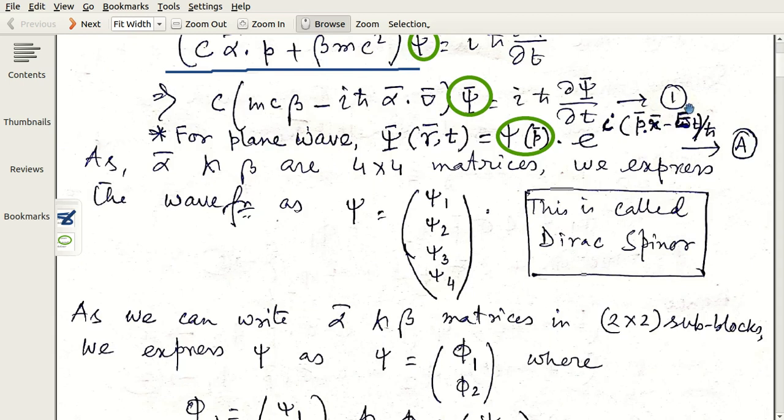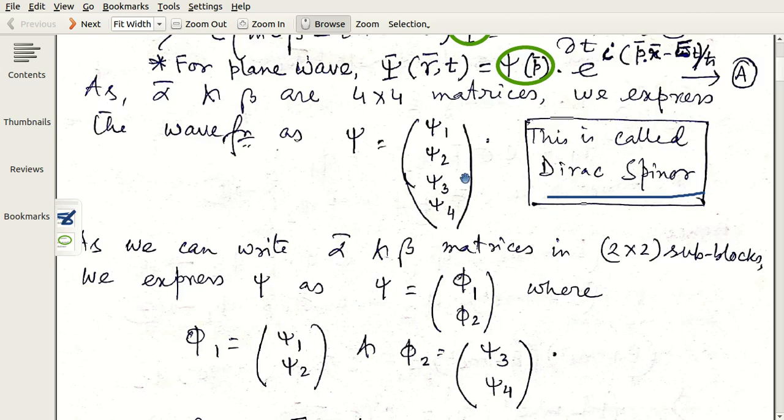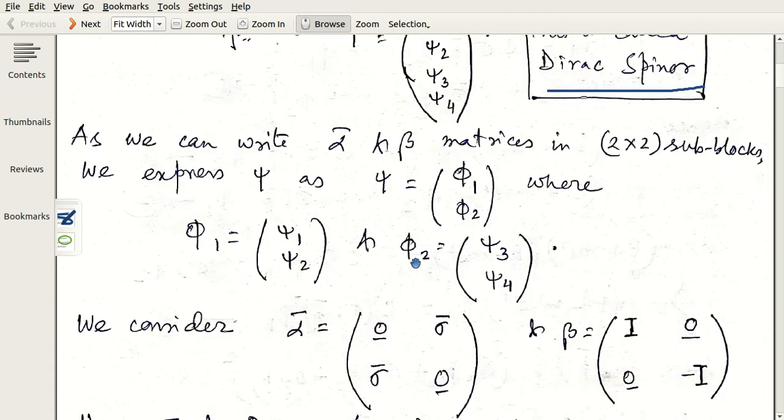Now this equation, say equation number 1, involves alpha and beta, which are 4x4 matrices, so your psi must be a 4-dimensional column vector, which is known as a Dirac spinor. This is a very important term, Dirac spinor. You write psi as 4 components, psi 1, psi 2, psi 3, psi 4.